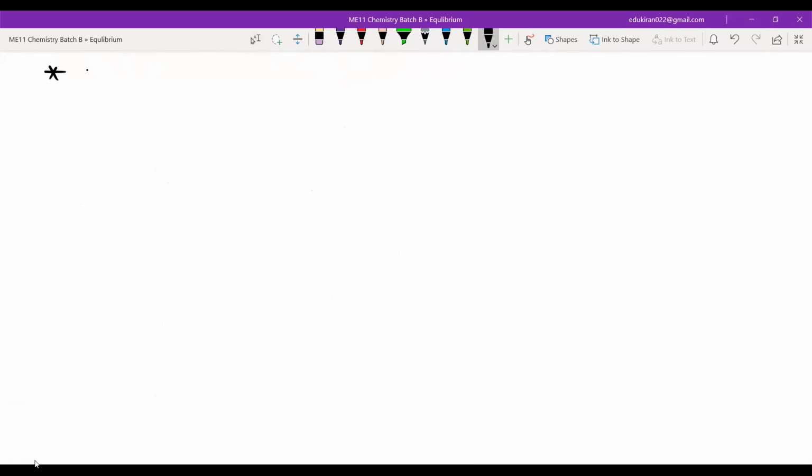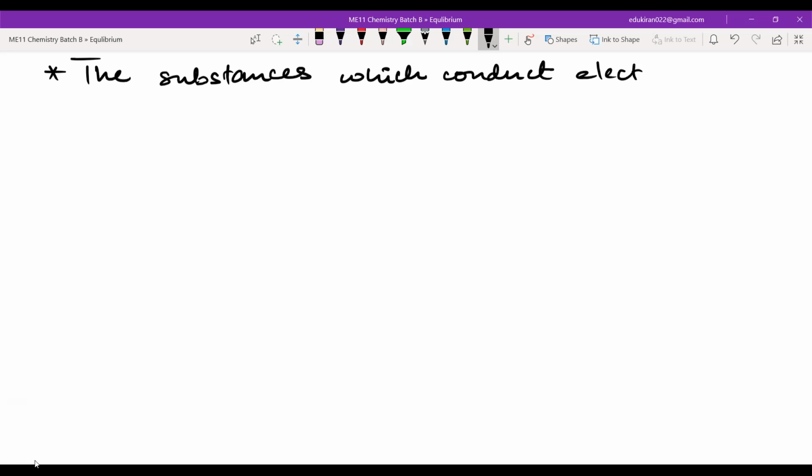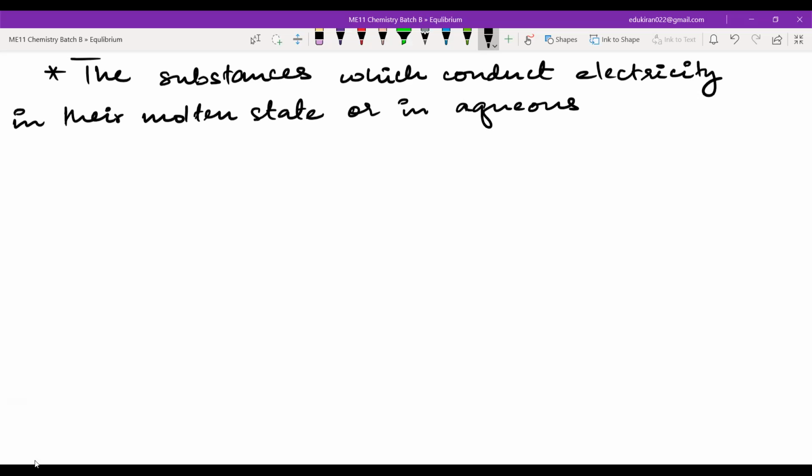So the first thing that you will write is, please write with me: the substances which conduct electricity in their molten state or in aqueous phase are called electrolytes.